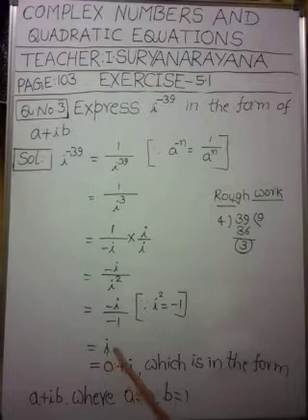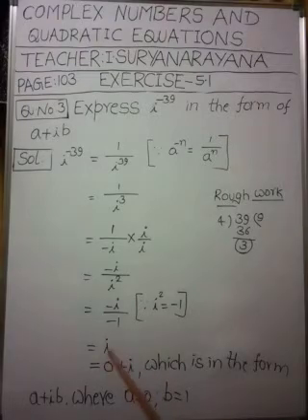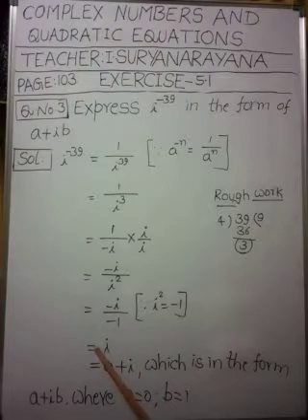Okay, my children, understood? Now this number can be written as 0 plus i. Isn't it, my children? Here the imaginary part is there because this is a purely imaginary complex number. Real part is not there, so we can write 0 in the real part.